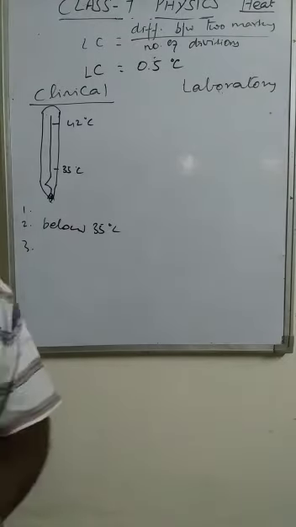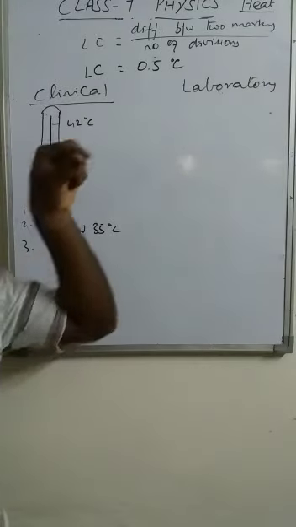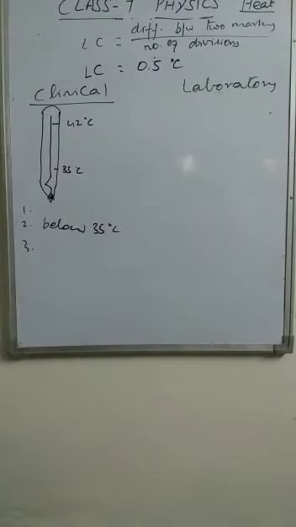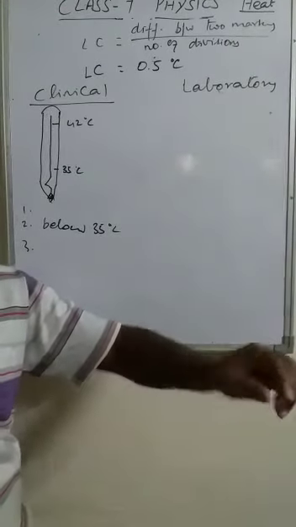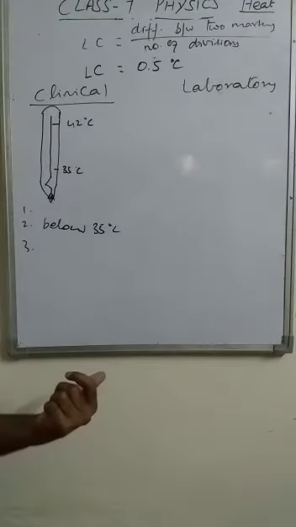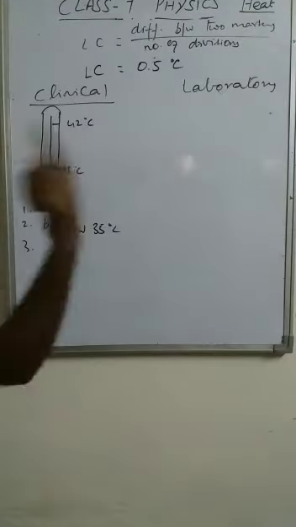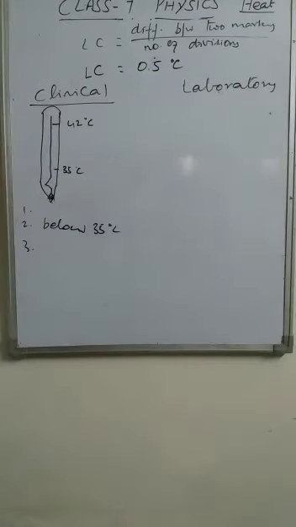Because when we use the thermometer to measure the temperature of any patient, it is kept in the mouth of that patient. While we put the thermometer into the mouth, some microorganisms can stick to the thermometer, and if it is directly used for the next patient, then the next patient may be affected by that microorganism. So we should always sterilize this thermometer. For that, it is always kept in antiseptic solution.